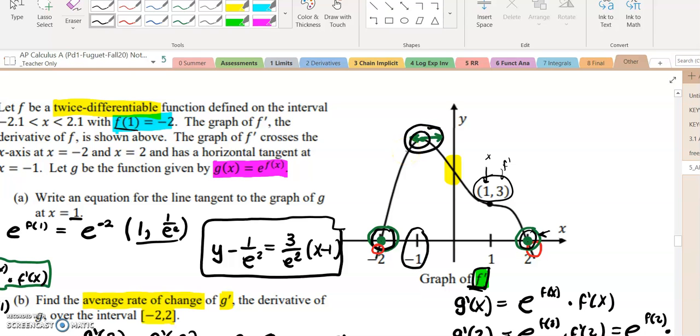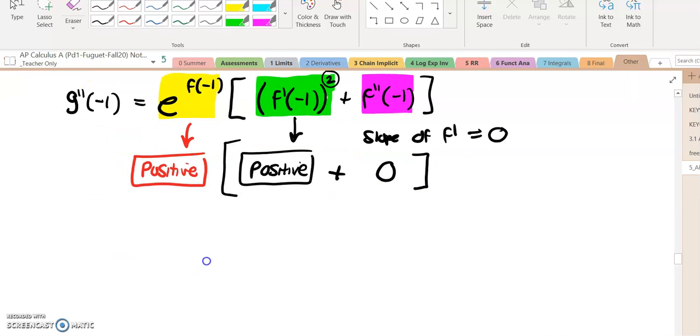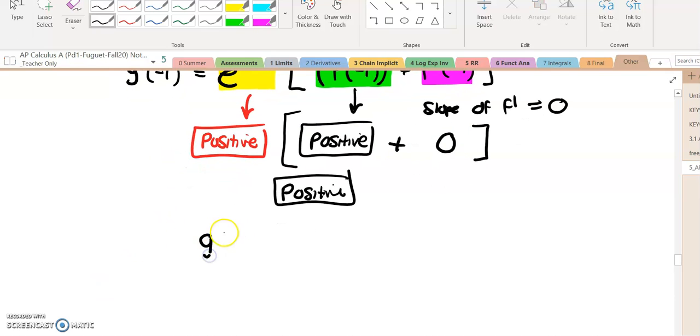It is a horizontal tangent line, which means that this is going to be equal to 0. And so when you take a positive number and you multiply it over the quantity positive plus 0, this is going to give you a positive answer regardless here. So therefore, g double prime of negative 1, and it asks us to justify, is positive.